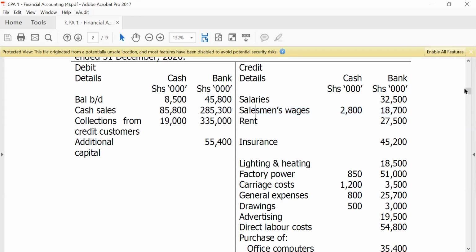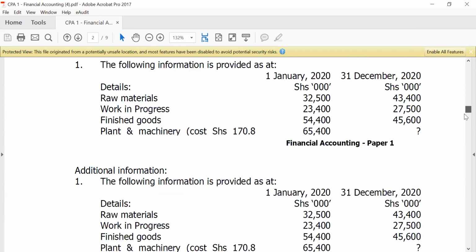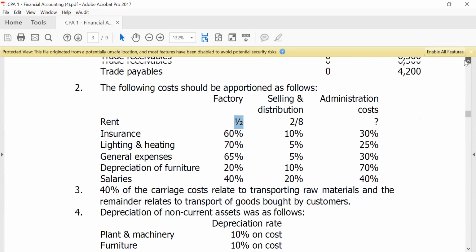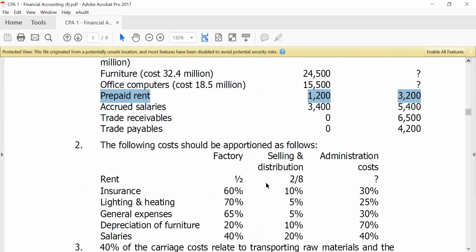Then rent, let's see if rent is one of those expenses that is distributed. Rent, I think you can see rent, they told us that a half of the rent relates to the factory. Next question you're going to ask yourself, is there any additional information on rent? Yes, there is additional information on rent. So we have this information, we have this distribution, and then we have something in the cash book.